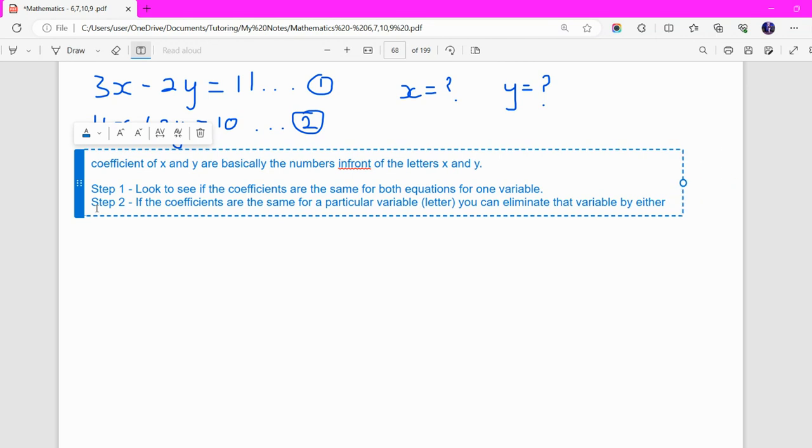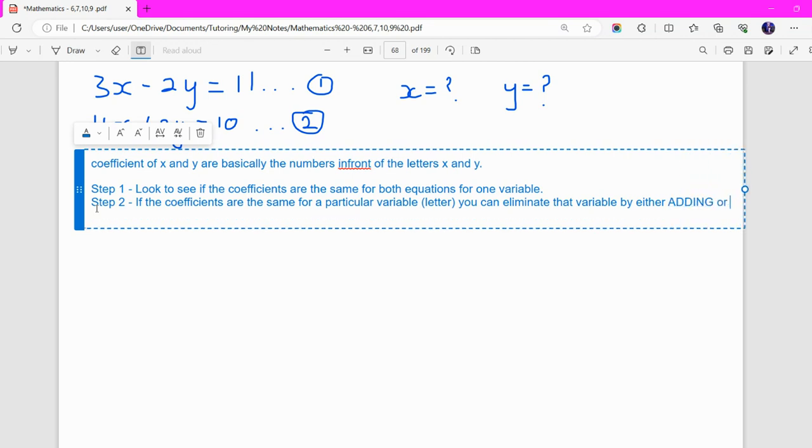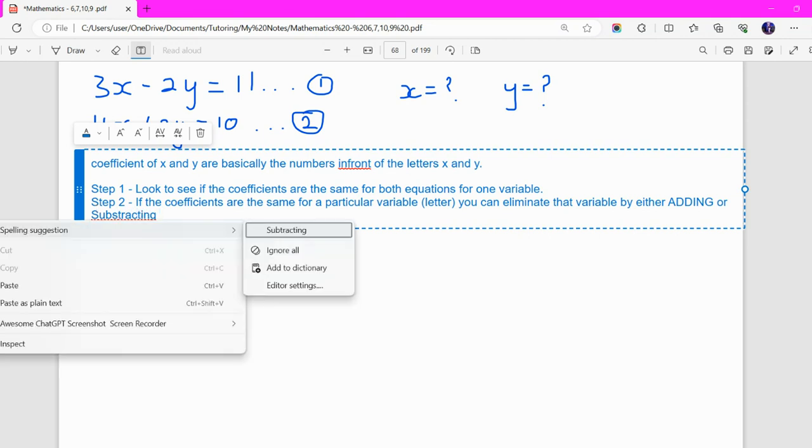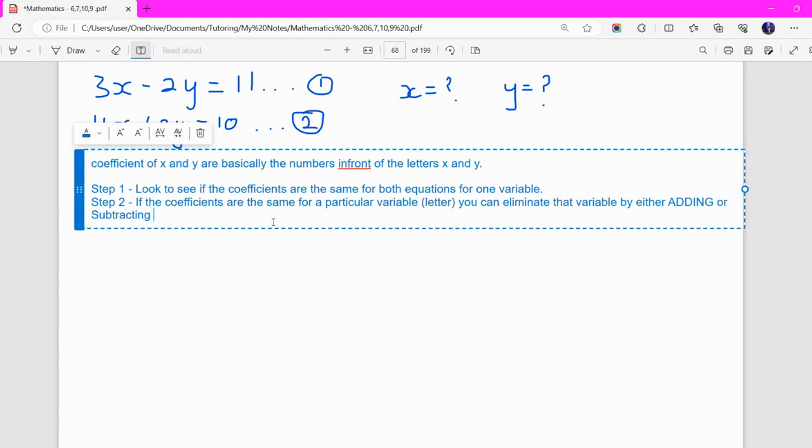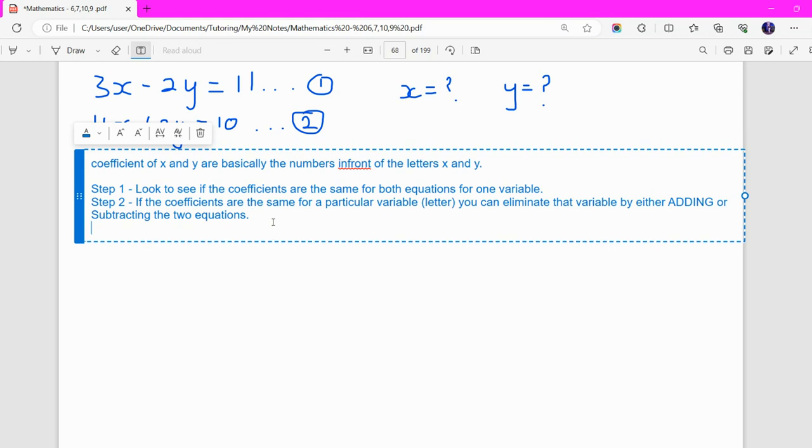I'm going to put this in capital letters: ADDING or SUBTRACTING. Then step three, solve for the other variable that you did not eliminate.